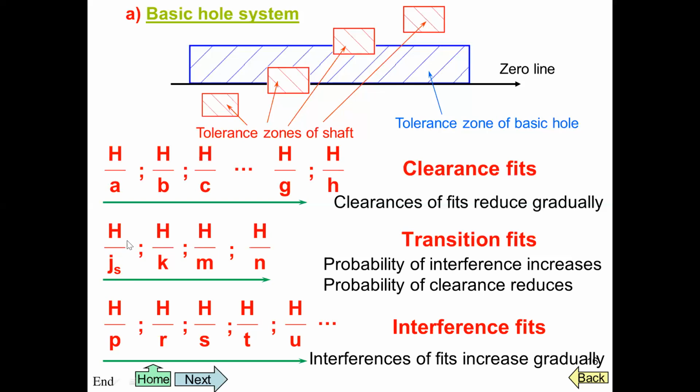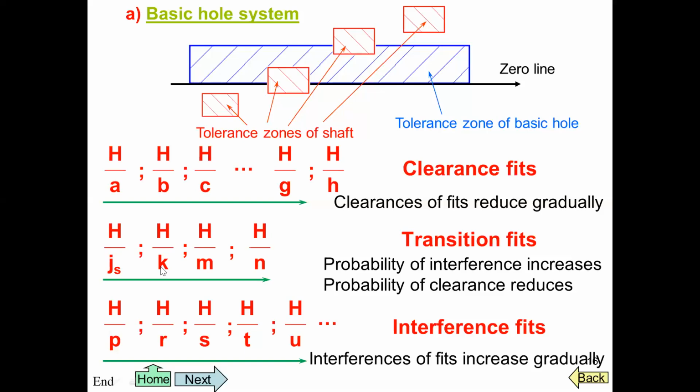What does it mean? For example, in mass production, if you want to produce 10,000 holes and 10,000 shafts, and now we make a sampling at random, that means about 80% of the matching parts create a clearance fit, and only 20% are interference.